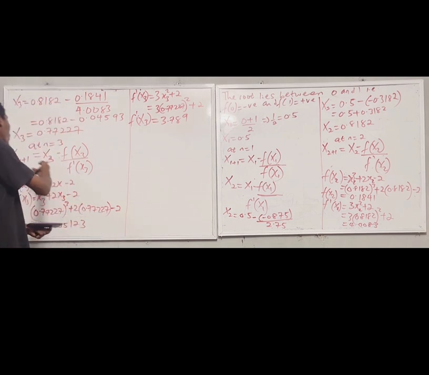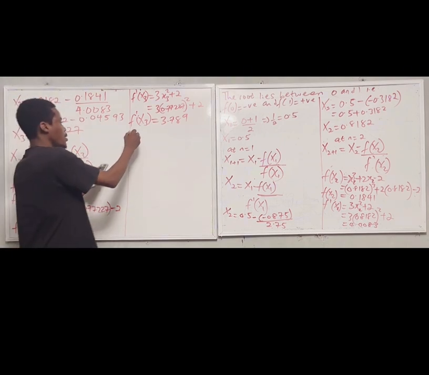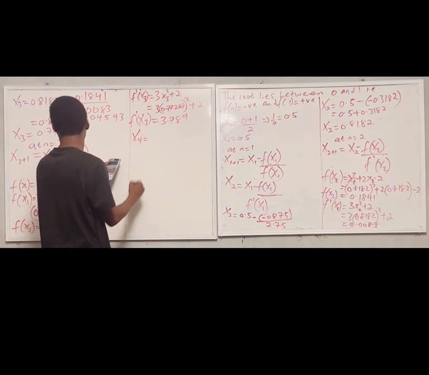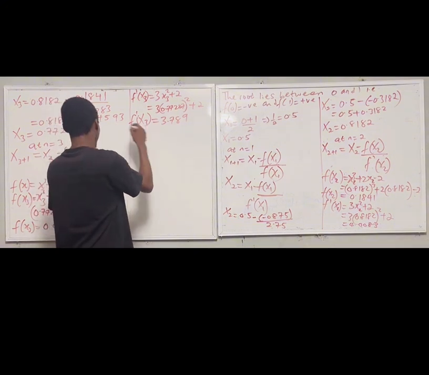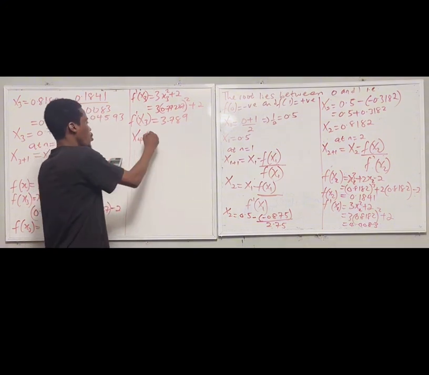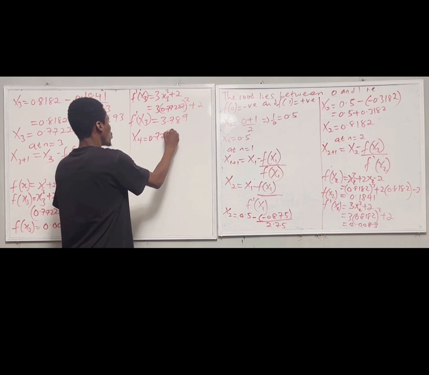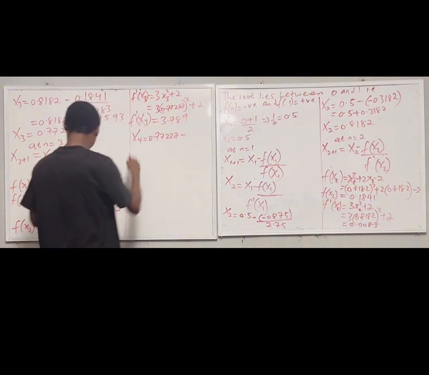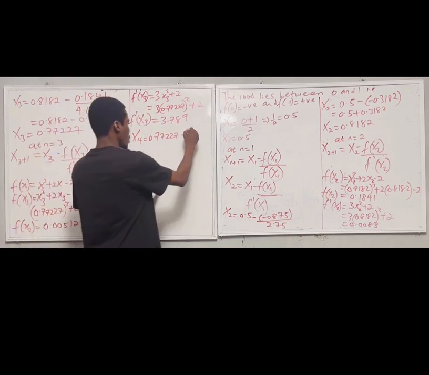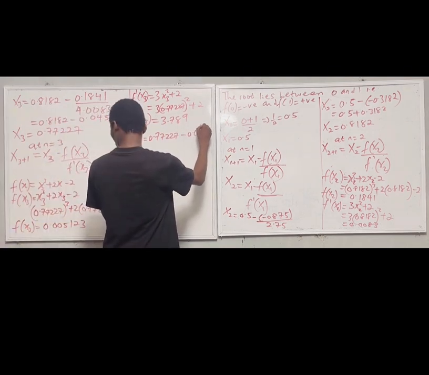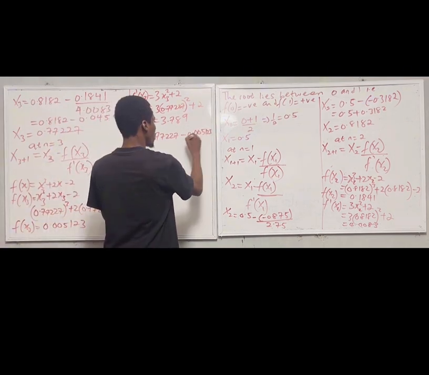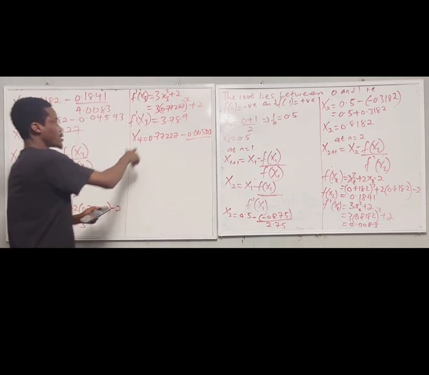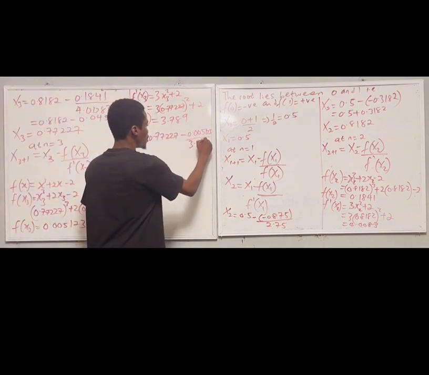So I can now use the formula to solve this. For me to get my S4, I'm going to have S3, which is 0.77227, minus f of S3, which is 0.005123, all over f prime of S3, which is 3.789.